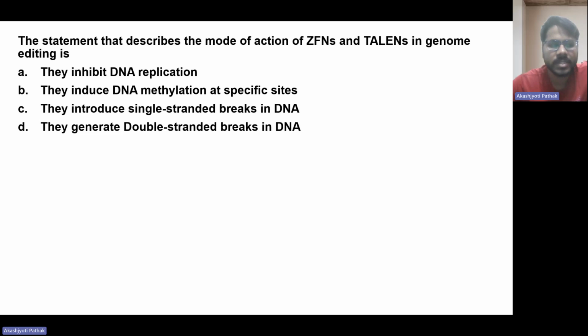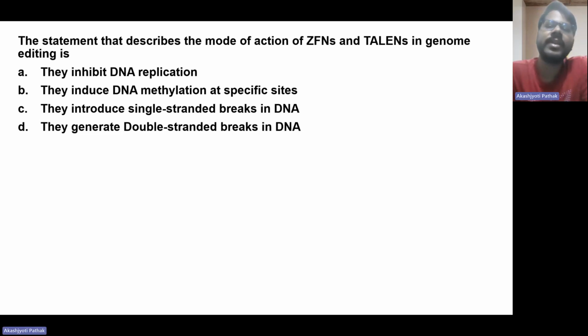These are basic questions. Which statement describes the mode of action of zinc finger nucleases and TALENs in genome editing? Let's read the options first. They inhibit DNA replication; they induce DNA methylation at specific sites; they introduce single-stranded breaks in DNA; or option D, they generate double-stranded breaks in DNA.